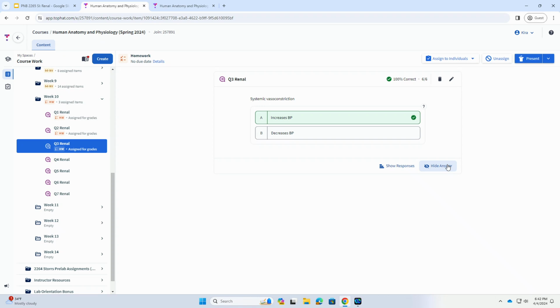So what the body does is it constricts, makes it smaller, so then the blood can fill up the whole space, and the pressure is now regulated. That's how I think about it, if that helps.